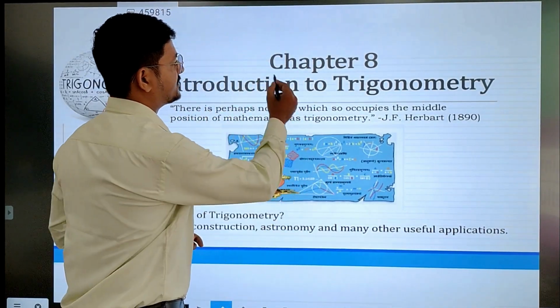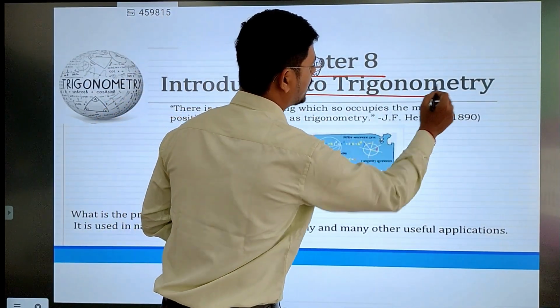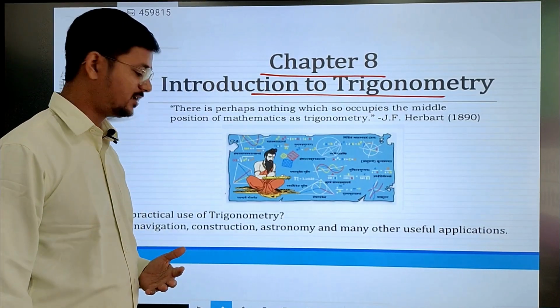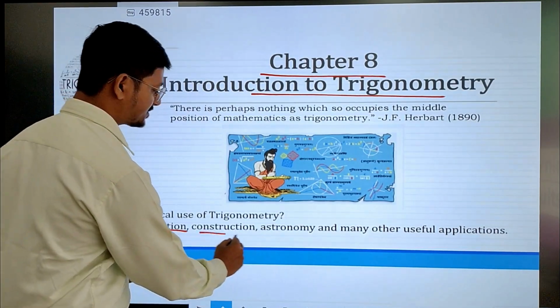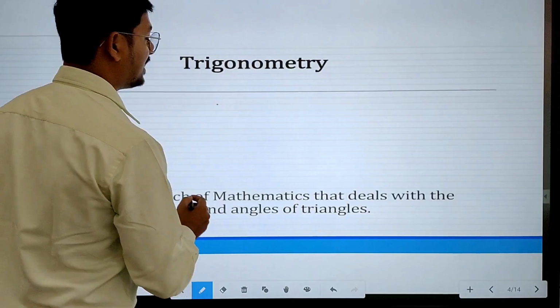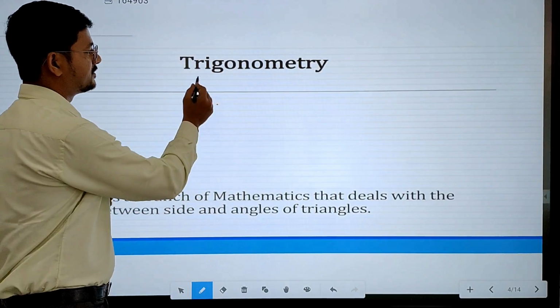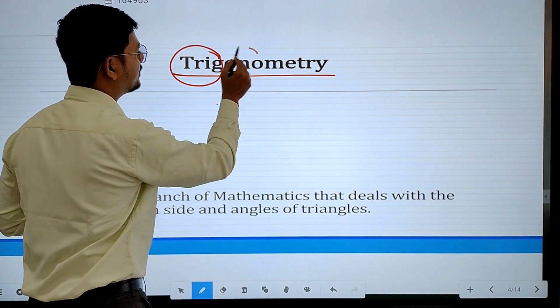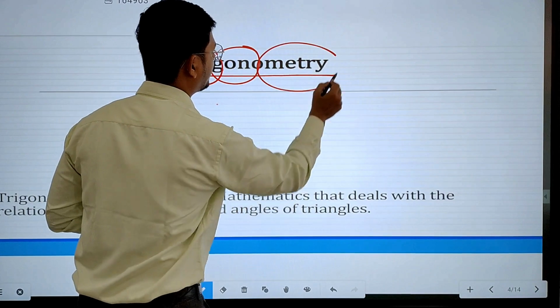Okay, so this is chapter number 8, Introduction to Trigonometry. Let's talk about practical applications of trigonometry. It is used in navigation, construction, astronomy, and it has many other important applications. Let us understand the meaning of this word trigonometry. The word trigonometry is made up of three Greek words, tri, gon, and metron.